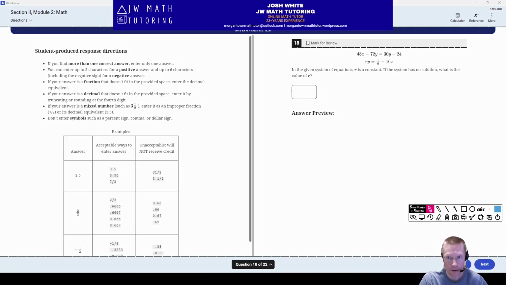All right, next up, we have a system of equations with a constant problem. For these, I think the fastest method is to just go ahead and do it out by hand. Because here they want the system to have no solution, so that means we need the same slope but different intercepts. On the top one, I'm going to add 72y to both sides and subtract 24.